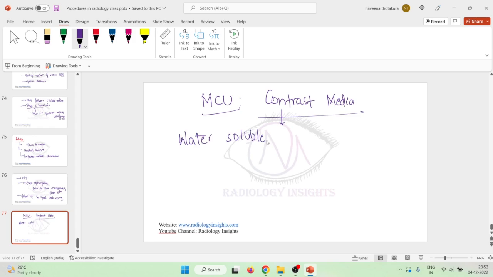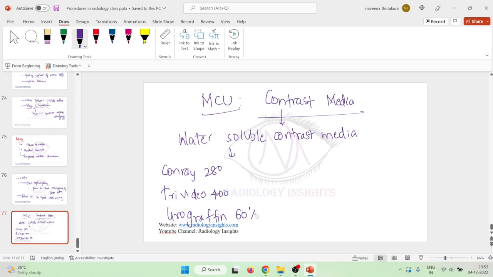In micturating cystourethrography, water-soluble contrast media are used, and we can use Conray 280 or Trivideo 400 or Urografin 60.